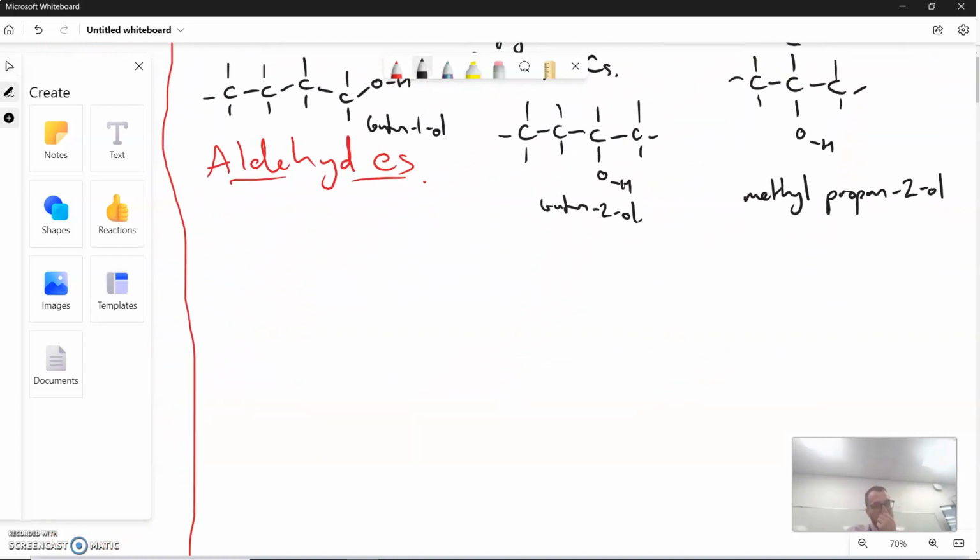Okay, aldehydes. General structure, it's a C double bond O and a hydrogen, just that. Yeah. In terms of drawing the skeletal structure of aldehydes, you must explicitly show the hydrogen, right?